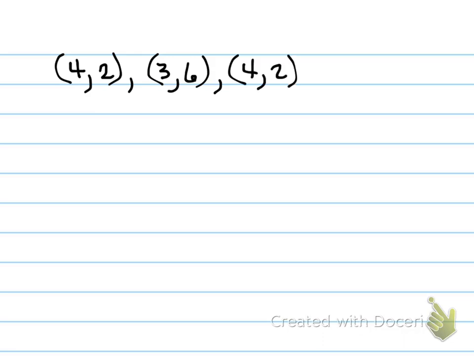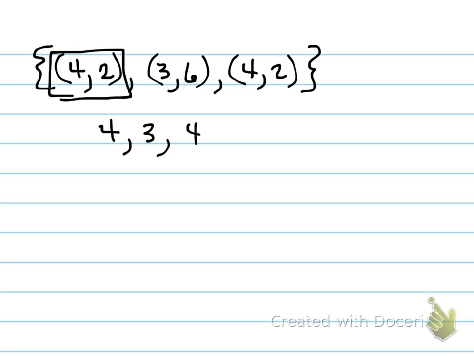Now, let me show you another one. What if I were given (4, 2), (3, 6), (4, 2)? Now the domain of this one is 4, 3, 4. So it looks as if this is not a function because one of my numbers repeats. But it really isn't repeating.